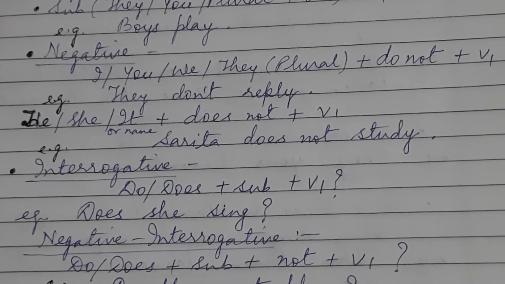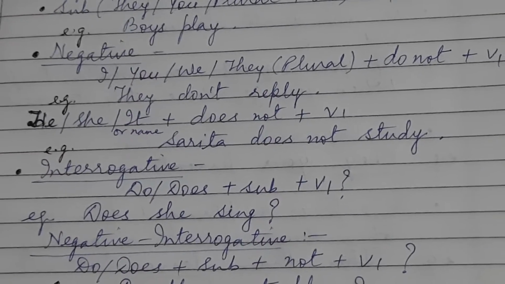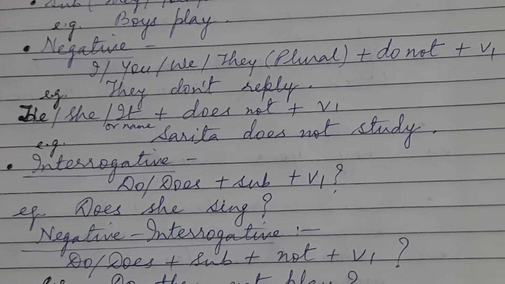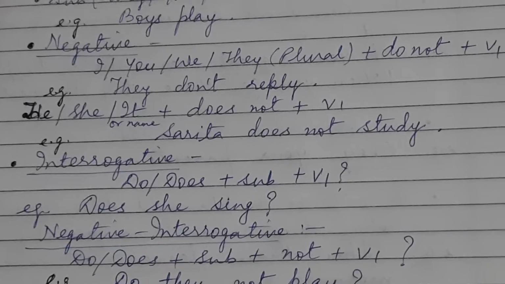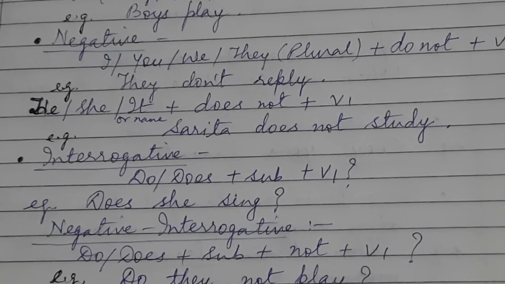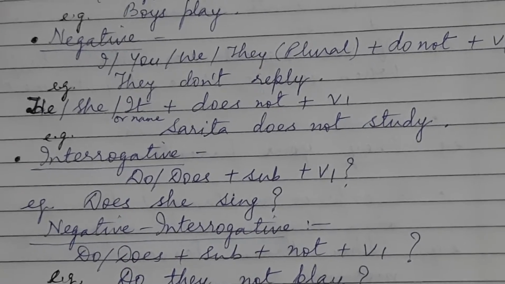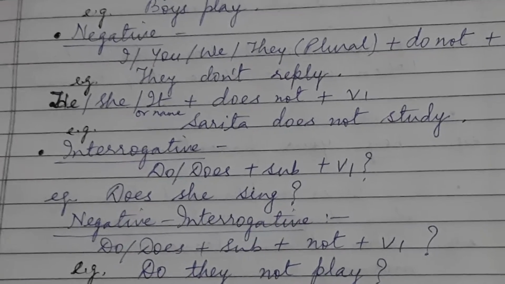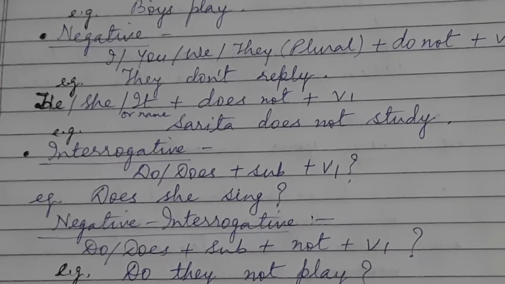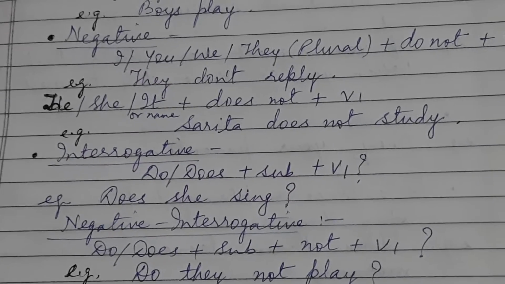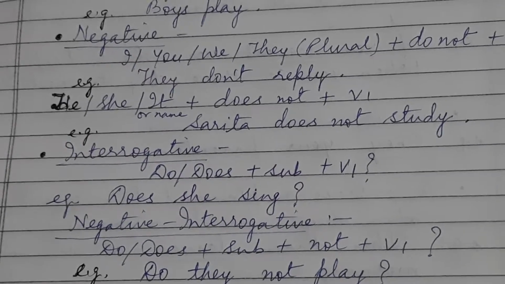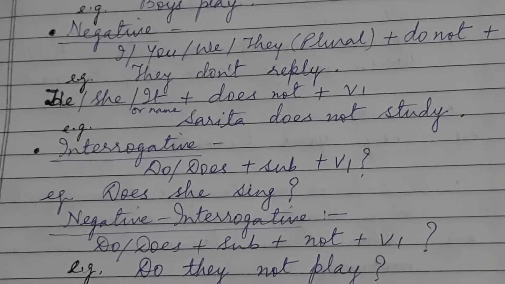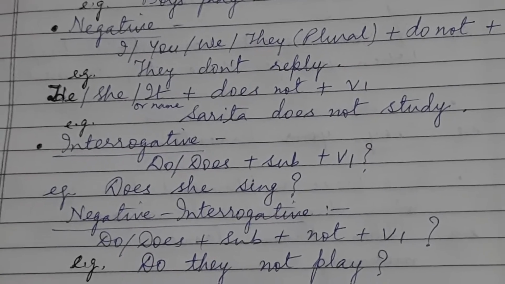So it becomes they don't reply, they don't play, they don't fight, I don't talk, you don't listen. Okay, so it can be any of these subjects and then don't or do not is added, and after don't we write the first form of the verb.